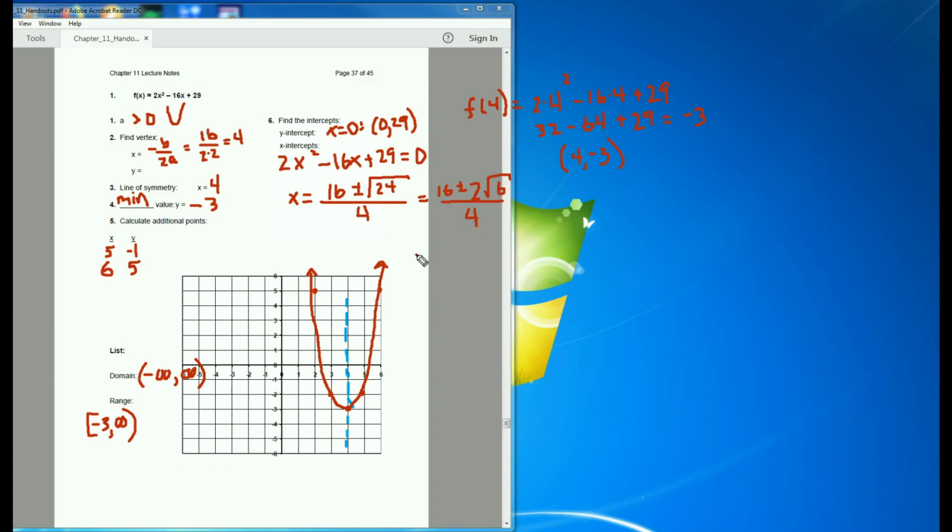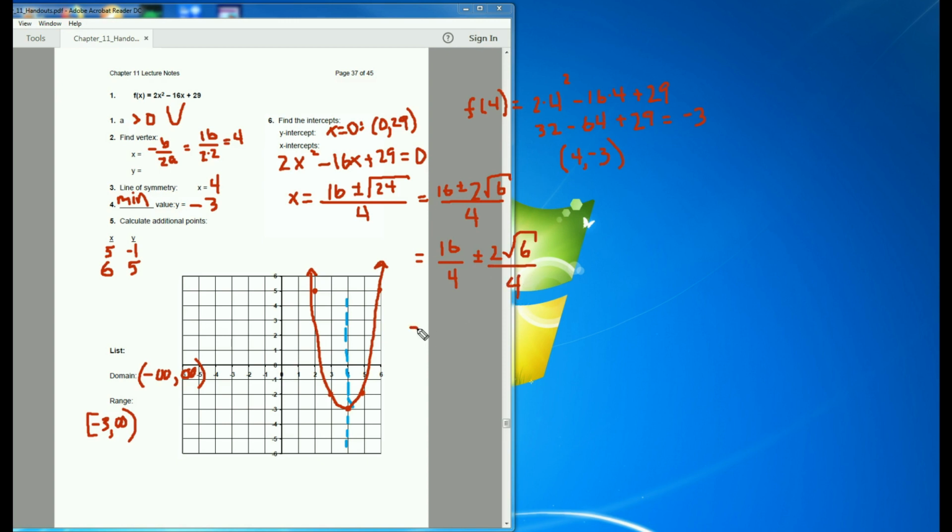Or we could just separate this and write it like 16 over 4 plus or minus 2 times the square root of 6 over 4.